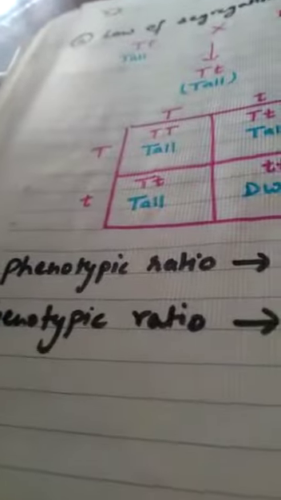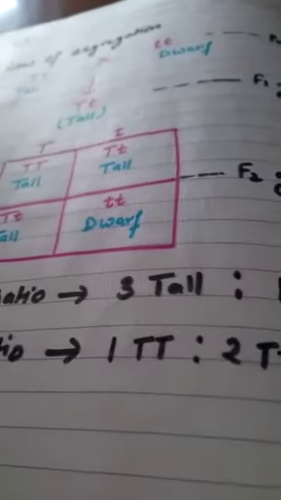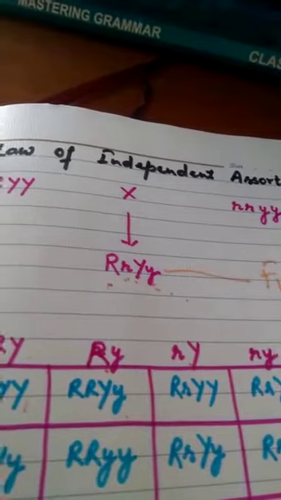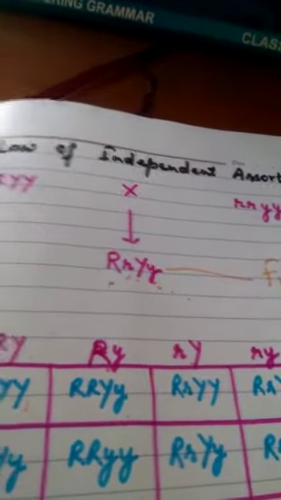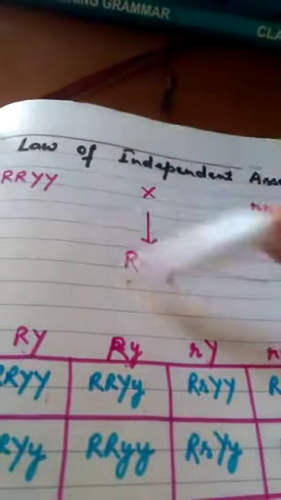So if they ask for a monohybrid cross, what is the phenotypic ratio? For a monohybrid cross, the phenotypic ratio is 3:1. And for a dihybrid cross, the phenotypic ratio is 9:3:3:1. So in this law, he said that the F1 generation receives each type of allele.